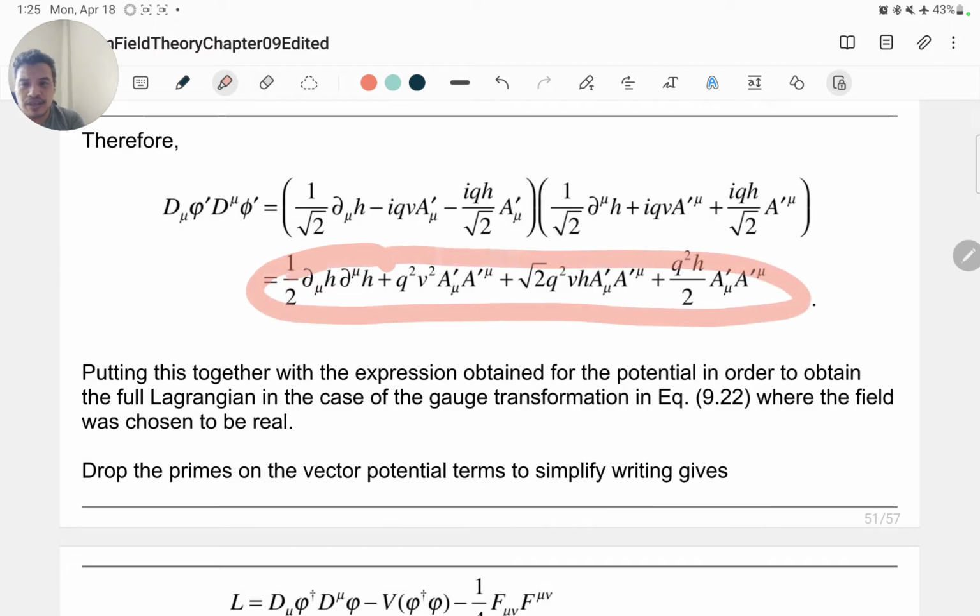The first term here is the kinetic energy of the Higgs field. Then you would have an expression that has these terms.